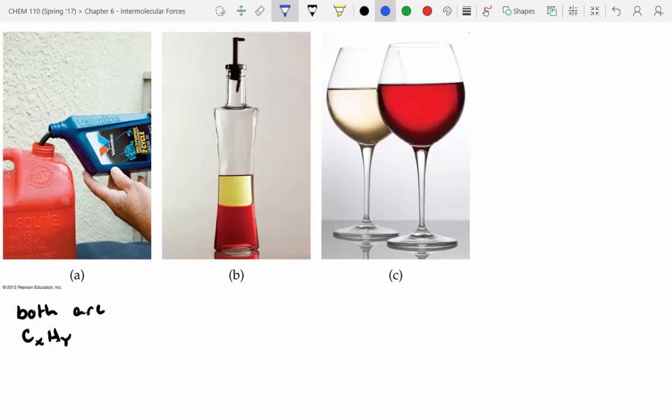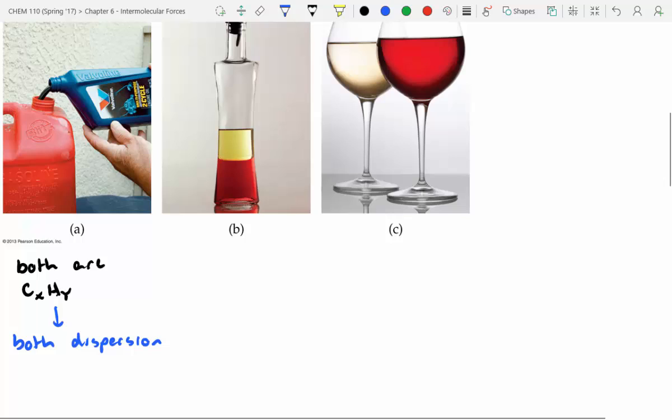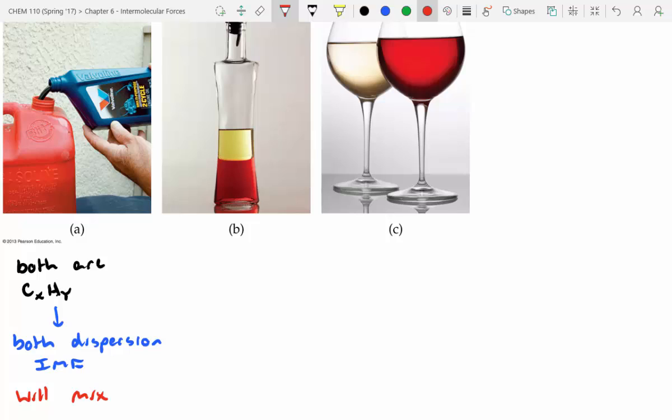That means they both have dispersion forces. That means they will mix. So if you ever have to use an old lawnmower or chainsaw, you actually have to prep your gasoline mixture by mixing in a little bit of oil. And it doesn't form layers. Everything should mix fairly evenly.